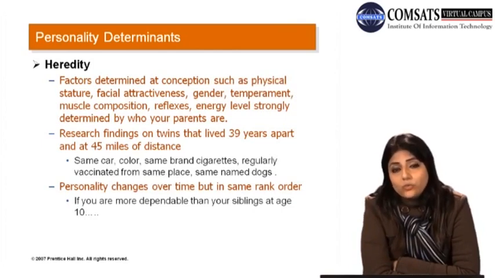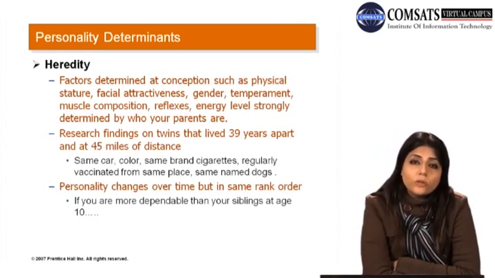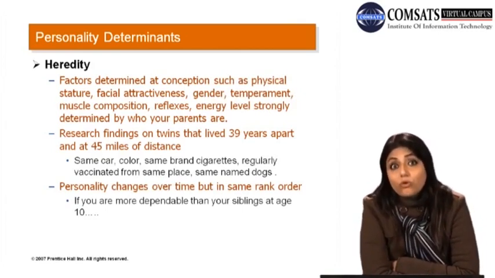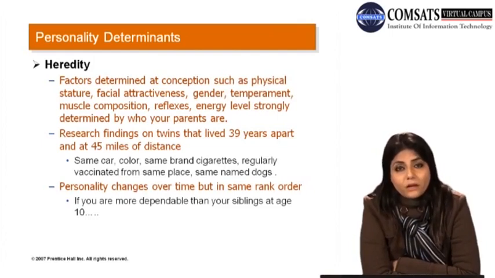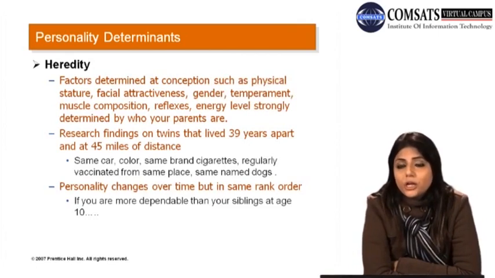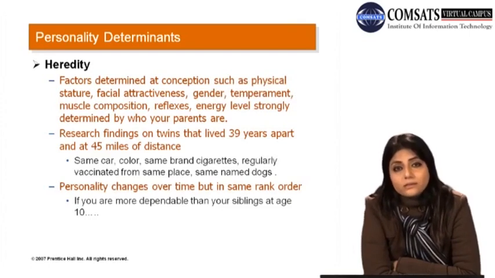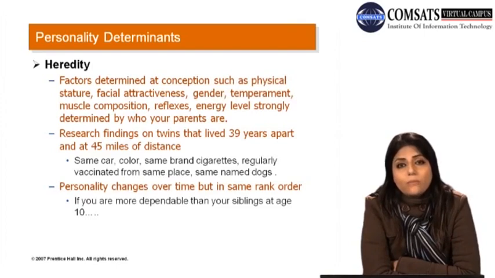Right? But that individual will also become more and more responsible as he grows, but still the individual who was more responsible in childhood would still remain more responsible than his sibling, although both will become more and more responsible over time. Right? So the rank order will remain the same. Rank order does not change, but you learn some of the characteristics or traits, or they improve.